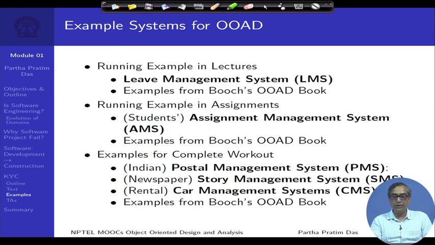Besides that, we will have examples from Booch's book. We will have a separate running example in the assignments that you will do, an assignment management system, where the assignments that students do are managed through that system. And for a complete workout, we will have a couple of different example systems: postal management, story management in a newspaper house, car management for a rental car company, and some other OOAD examples.